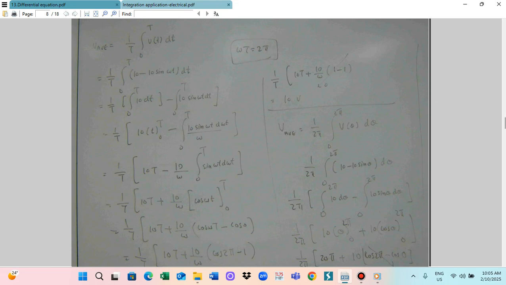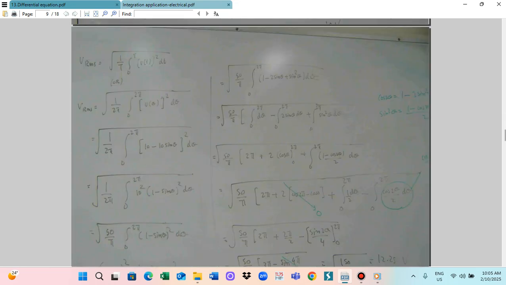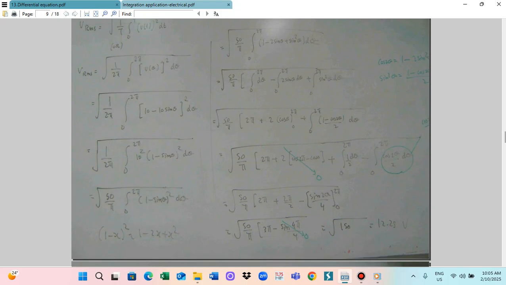So now we substitute here. Square root of 1 by 2 pi, integration 0 to 2 pi, 10 minus 10 sin theta square d theta. So we go like this. Okay then, 10 is substituted here.